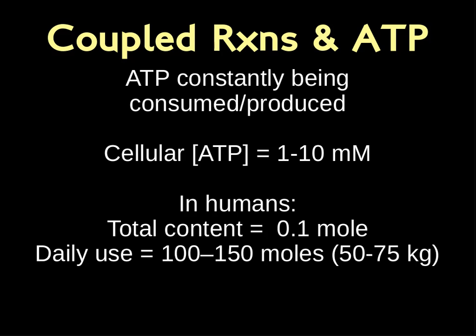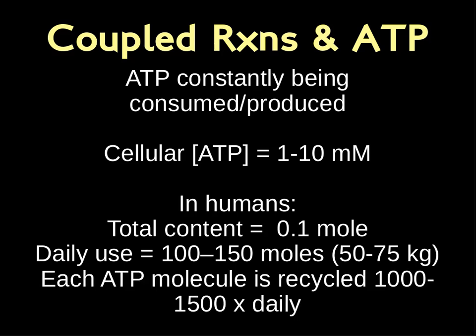It's a good amount. Each molecule of ATP is recycled somewhere between 1,000 to 1,500 times per day. A lot. On average. Some are going to happen more than that in more metabolically active tissues, some less than that. But on average.